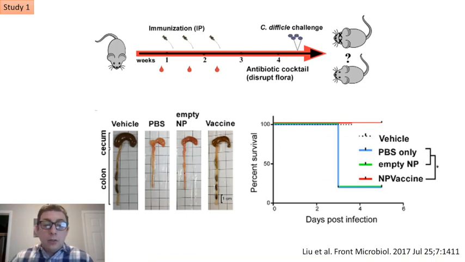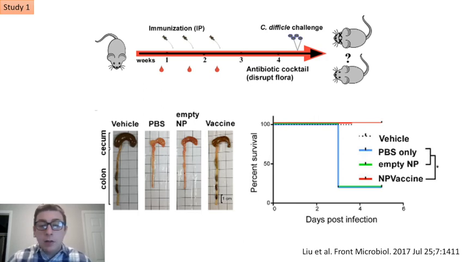After immunization took place, a challenge of C. diff was given to the mice. And what we can see in the survival curve is that 100% of the vaccinated mice survived the C. diff challenge. You can see in the pictures of the colon and cecum that the vaccinated mice still had some amount of degradation of their cecum and colon, but compared to the straight infected and empty vector, you can see that there's a radical difference in just visual observation.